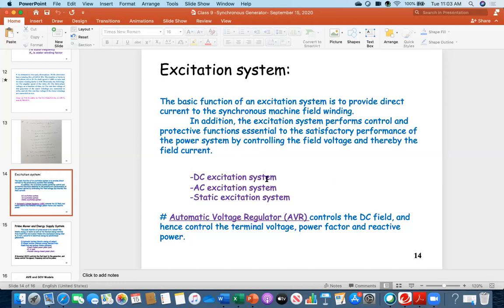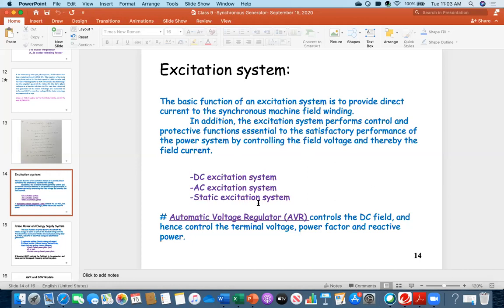So therefore, DC excitation means really you have a DC generator mounted on the rotor circuit. AC excitation means you have a small, very small AC generator that is converting to DC with the help of a rectifier, which is finally being given to the field circuit.